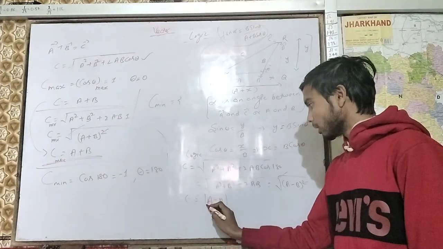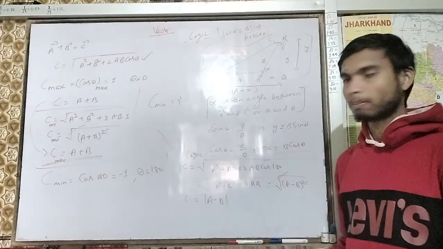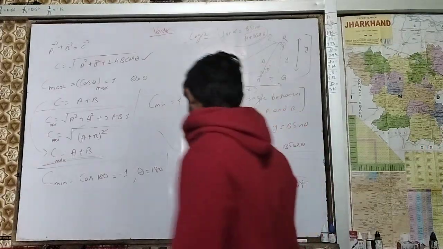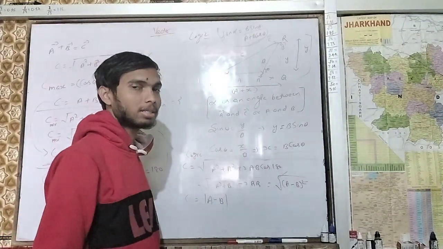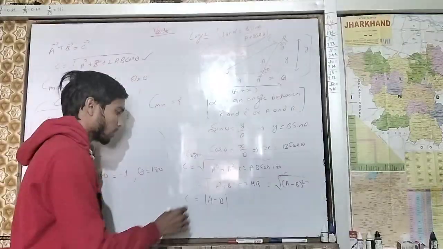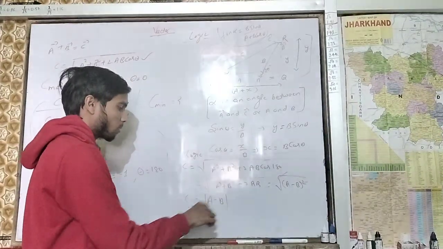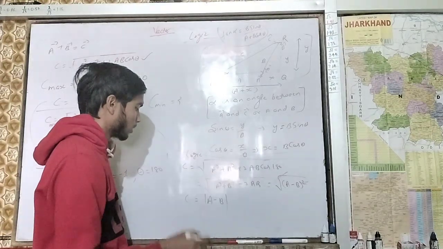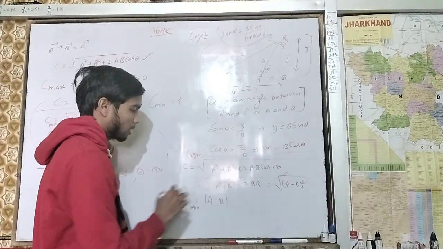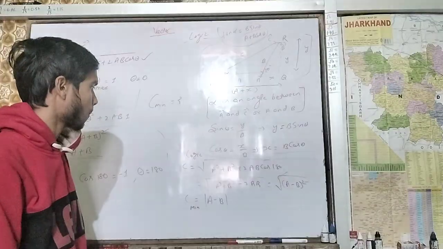That's why having the mod with A minus B is compulsory. If you remove this mod, then sometimes you will get C as a negative value. So it is compulsory to apply the mod with A minus B, so that we cannot get a negative value of C minimum.